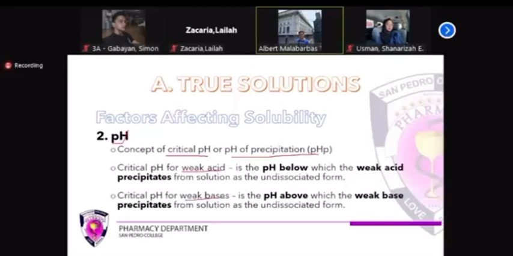For weak acids and weak bases, they are different. Critical pH for a weak acid is the pH below which the weak acid precipitates. But critical pH for bases is the pH above which the weak base precipitates. Okay? Below for a weak acid, above for bases.